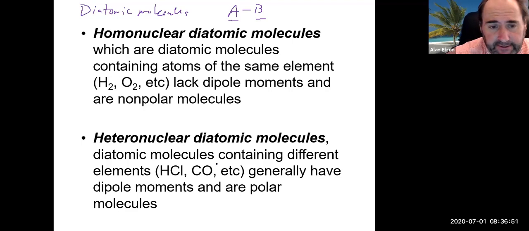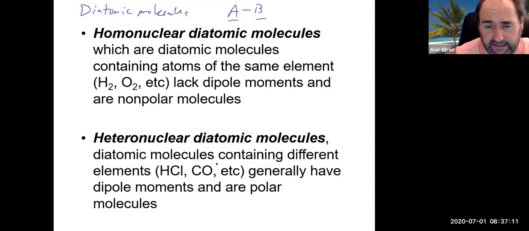There are two types of diatomic molecules: homonuclear and heteronuclear. Just like homogeneous and heterogeneous mixtures, homonuclear means the same element is involved, and heteronuclear means different elements are involved.